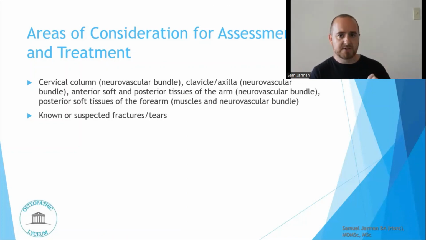Suspected fractures or suspected tears, you refer out for differential diagnosis by a professional who can see things that you can't, which generally speaking would be a physician who can order appropriate imagery to the situation at hand. So generally speaking, anywhere through that line, known fractures and tears you don't treat. You can treat the patient, but you don't treat in the location or general region of the known fracture or tear. A suspected fracture or tear, refer out.